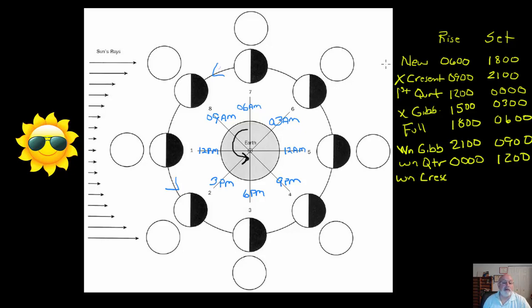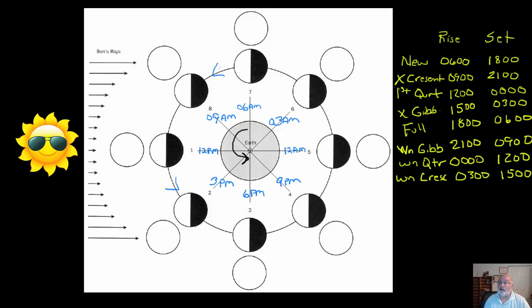And once we get to the waning crescent, which is located right there, we're going to see it at 0300 hours, and we'll actually see it all the way over to 1500 hours. The next moon is the new moon, which again we'll see at 0600, 1800 is the setting time.